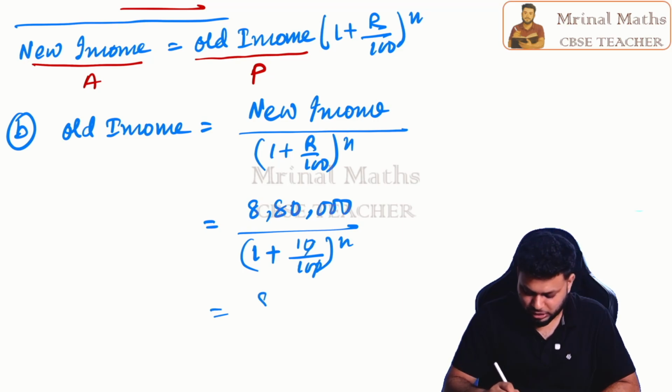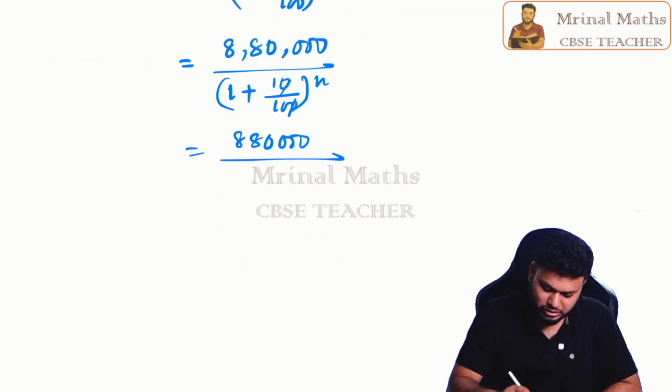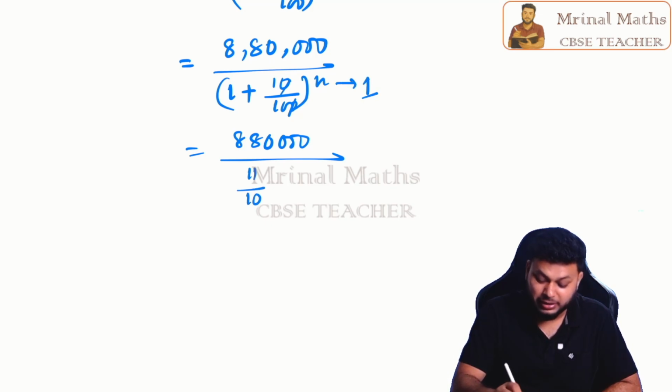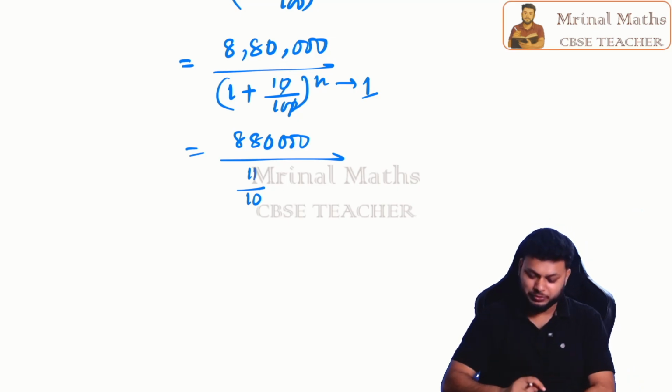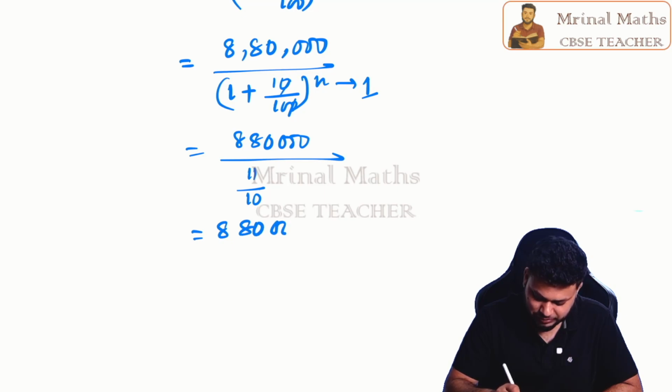Cancelling that out, again 8,80,000 by 10 plus 1 is 11 by 10. N value is, sorry, n value will be 1 because 1 year before. Okay. So 11 by 10. So it will be like this, 8,80,000.